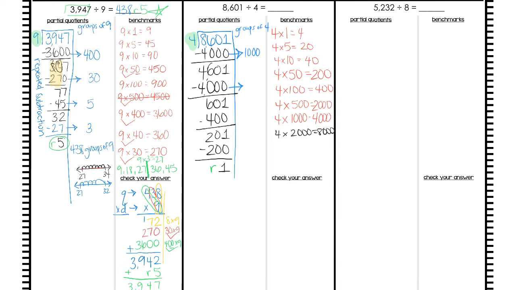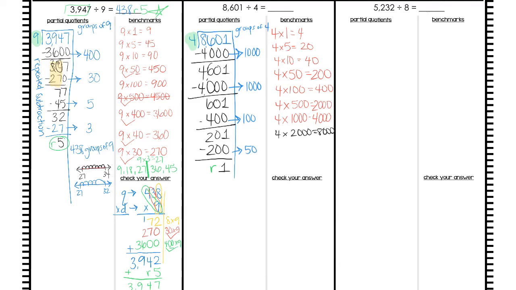Again, there are 1,000 groups of 4. You're probably doing this faster than me. In 400, how many groups of 4 are there? There's 100 groups of 4. In 200, how many groups of 4 are there? In 200, there are 50 groups of 4.